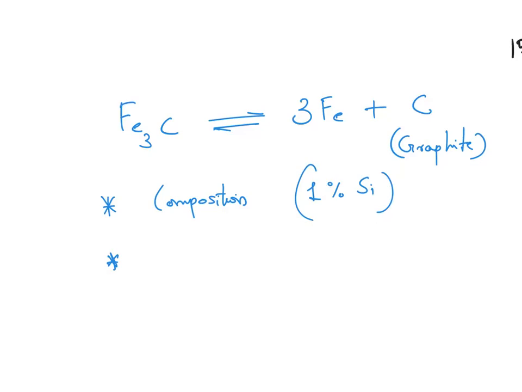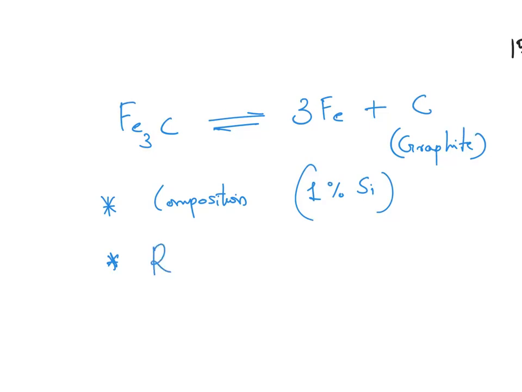So when you have more silicon in your alloy, there is a greater chance of carbon being present in your alloy in graphite form.